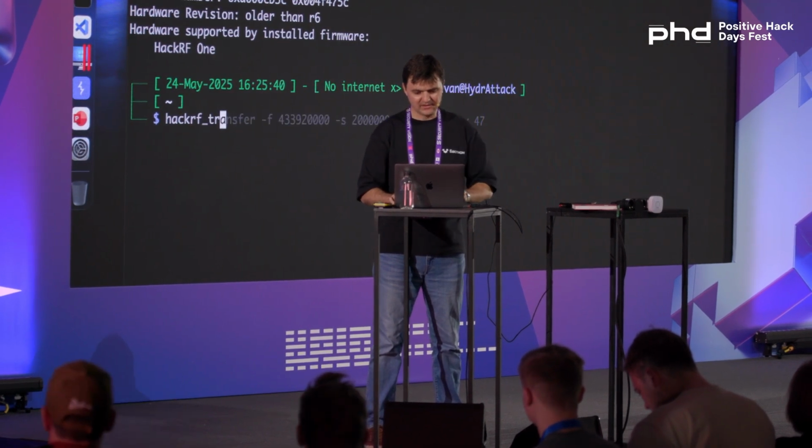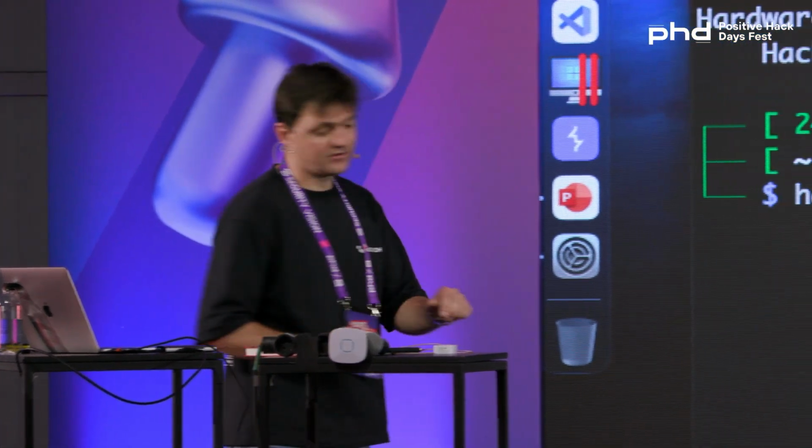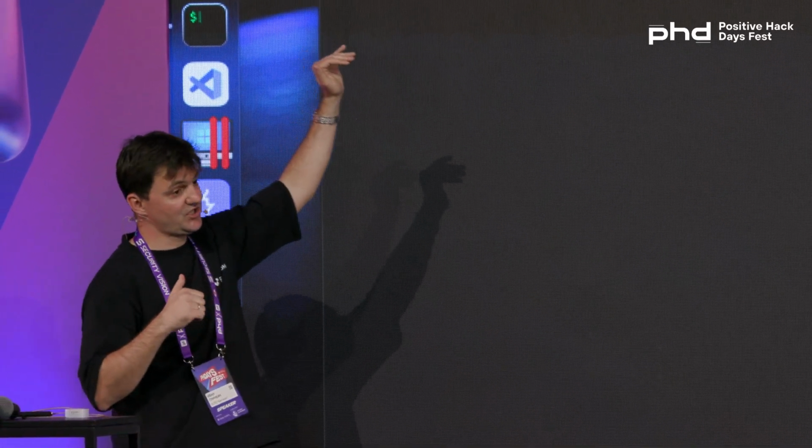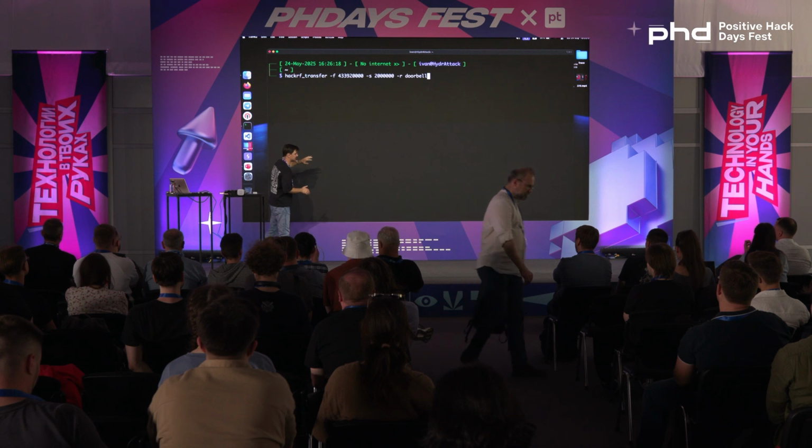Next application, hackrf_transfer. What do we do? Let me do it this way for you to see. hackrf_transfer is launched. It has a lot of keys. One of them is F. F, as you can see, is frequency.